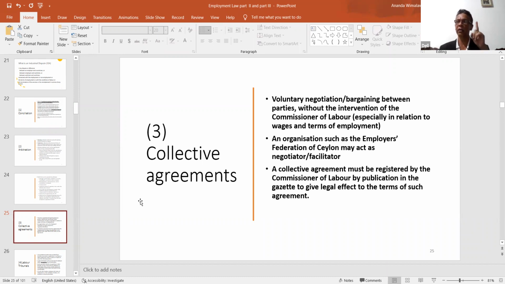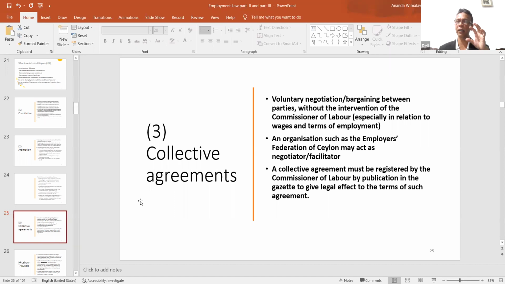You studied already what we mean by terms of employment. When you studied the Shop and Office Employees Act, I informed you and asked you to take note, and the conditions of labor as well.